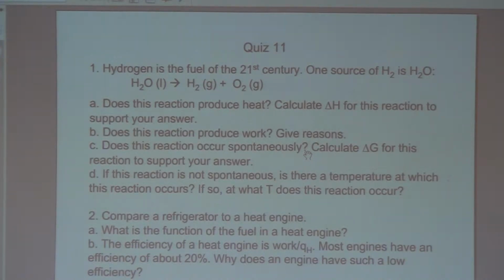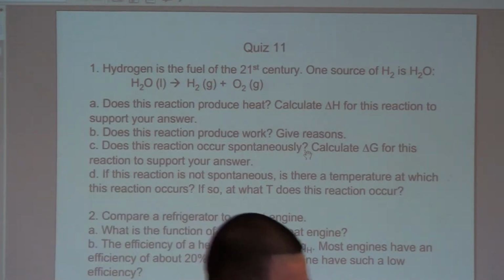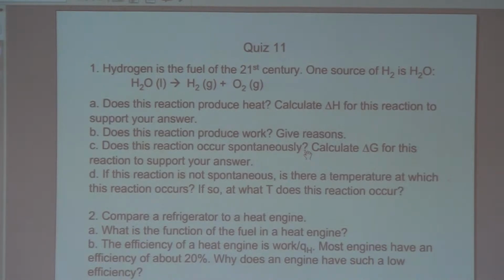Yeah, so use that formula that Rolando just described. In Part A, you calculated delta H. How do you figure out delta S? Yeah, use Hess's law again. And then to figure out the temperature, you set delta G equal to 0. So you have 0 equals delta H minus T delta S, and solve for T.